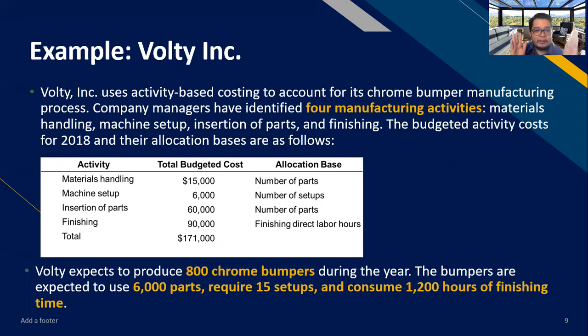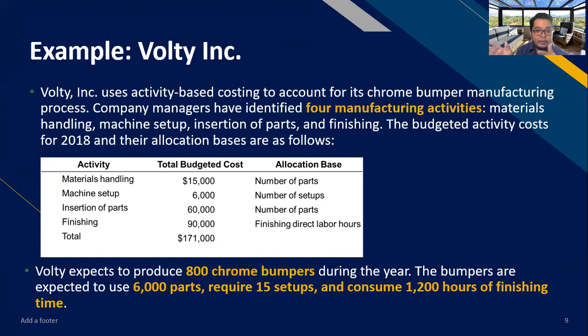Okay? And when they made this budget, okay, they were expecting to produce 800 chrome bumpers during the year. And those 800 bumpers are expected to use 6,000 parts. They require 15 setups, and consume 1,200 hours of finishing time.